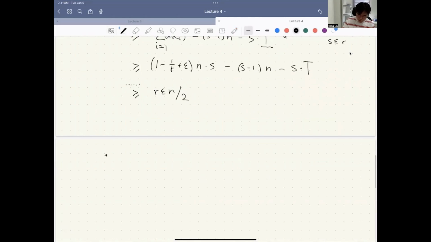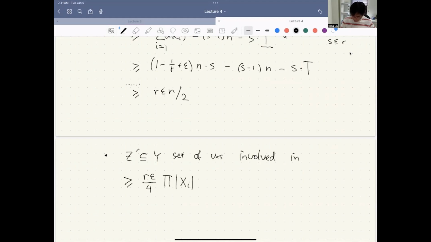let's utilize this set Z prime, which is the set of vertices involved in at least r epsilon over 4 times the size of Xi, i from 1 to s, meaning such s stars.